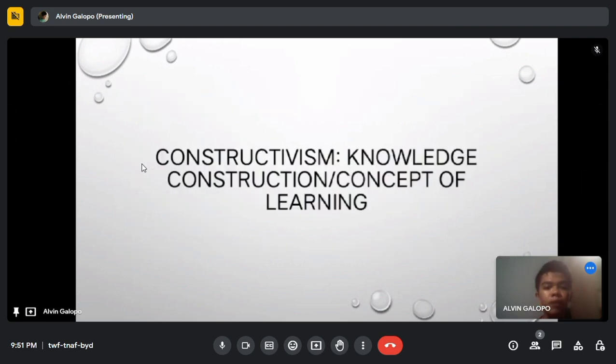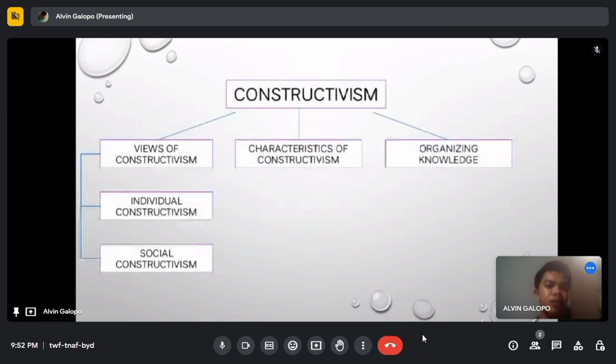Now, this is our topic today, which is constructivism. Under constructivism, there are knowledge construction and concept learning. So this is our main topic. All right, this is the advanced organizer of our topic today.